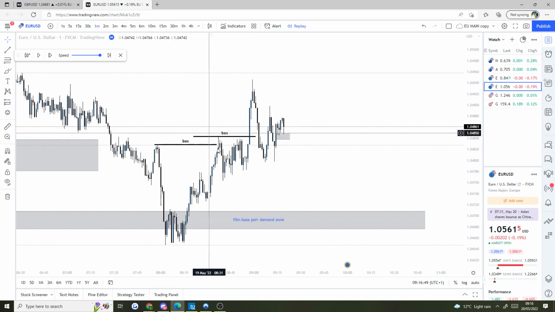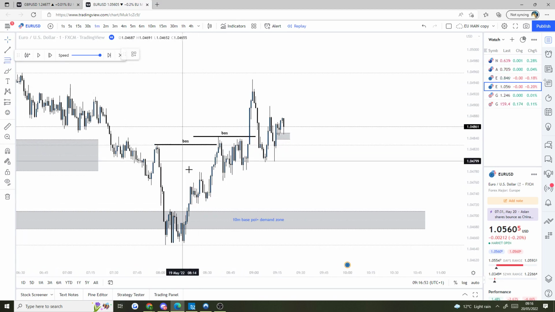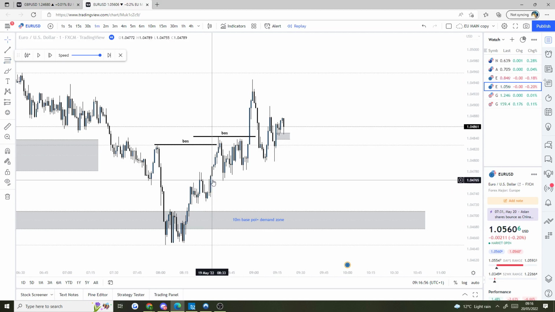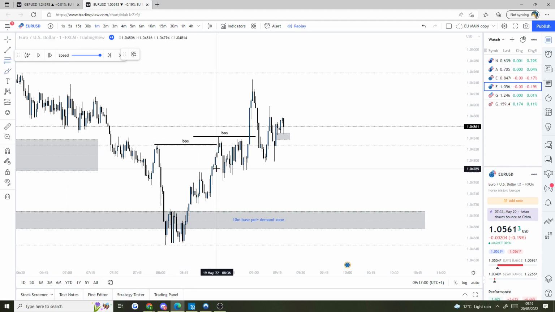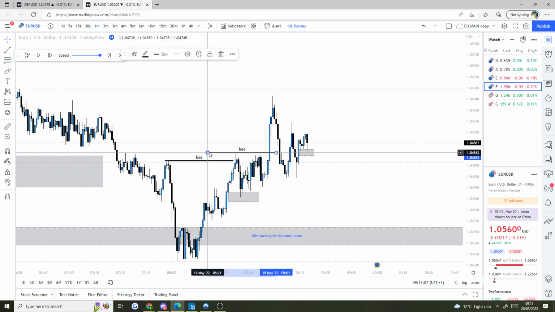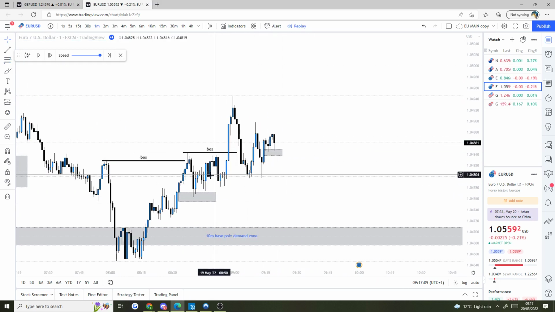Now, what I noticed, so we had this first break of structure here, which left behind this low. Because if you look, there's no imbalance there. So the last actual demand which caused this first break of structure was in that wick there. Now, for me, when it did do the wick, the mitigation wasn't confirmed.